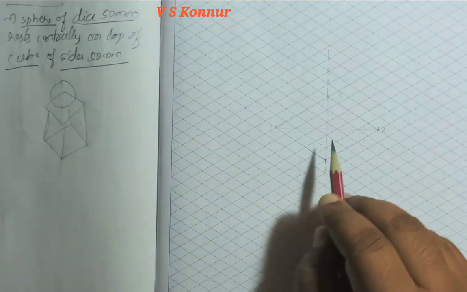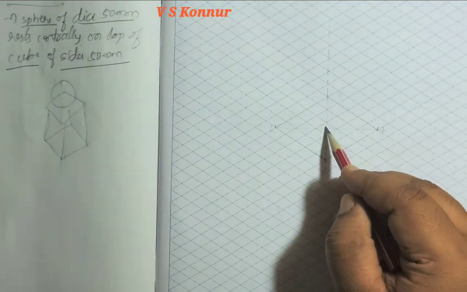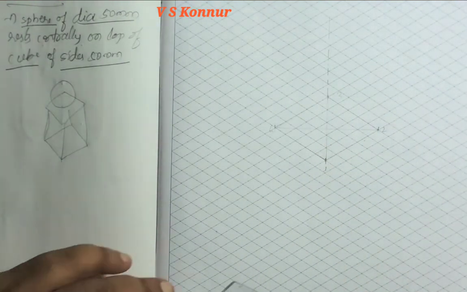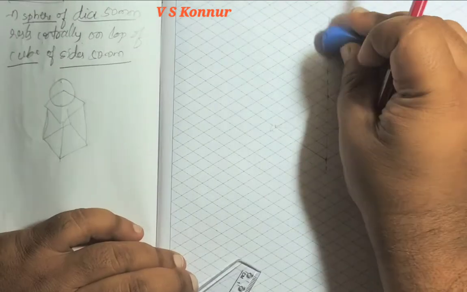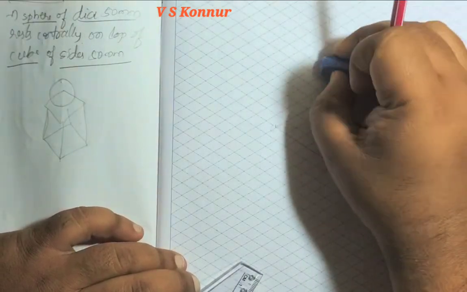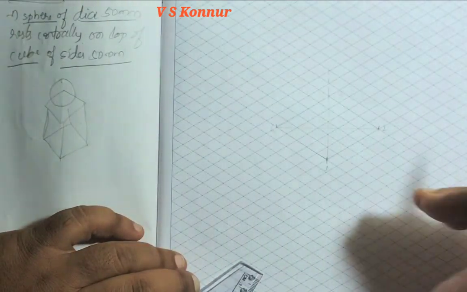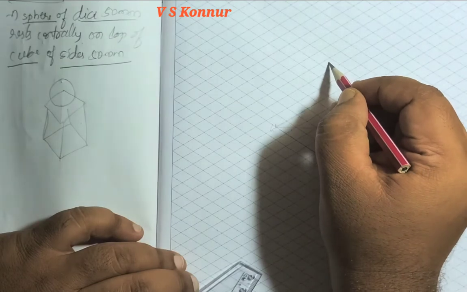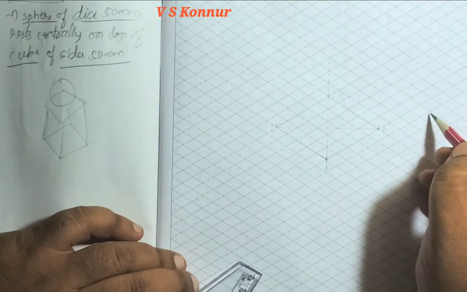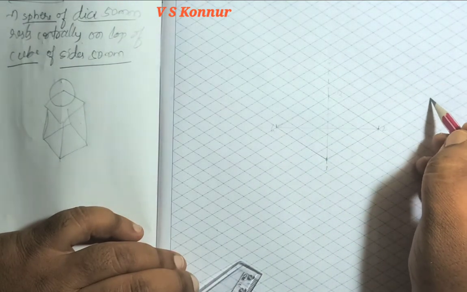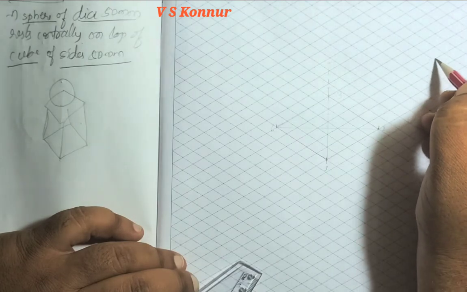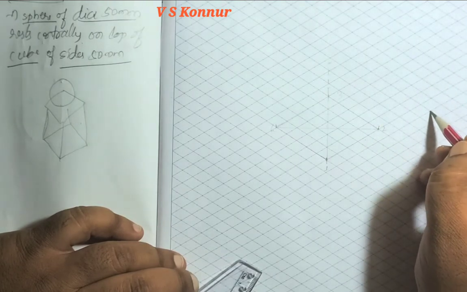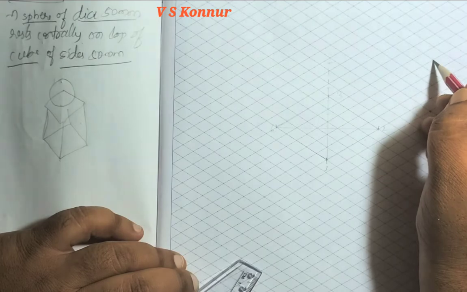Now from the center, take the height of 50 millimeter. Just see that from the center 1, 2, 3, 4, 5 till this point, or you can take it with the help of a divider, 1, 2, 3, 4, 5, from this point to this point.